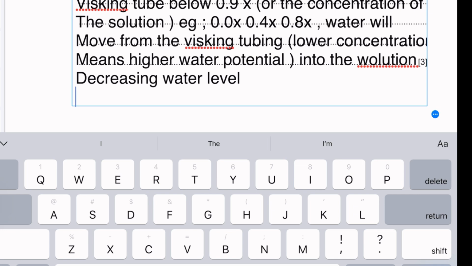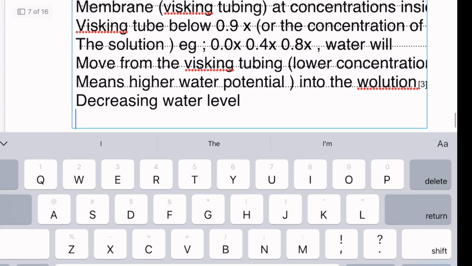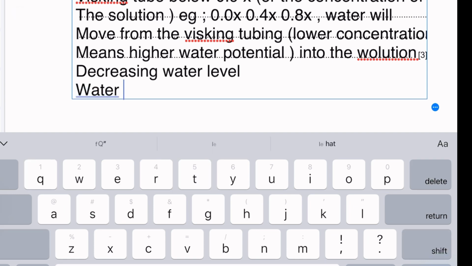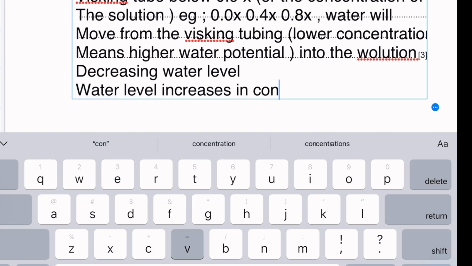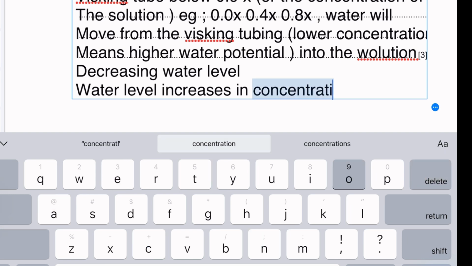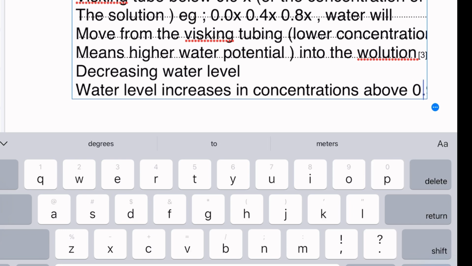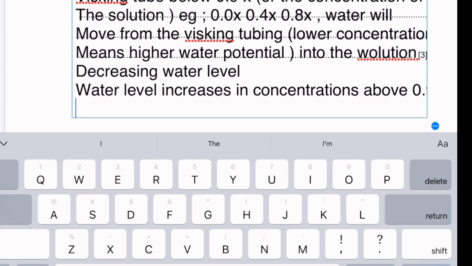And then the opposite will happen. Water level increases in concentrations above 0.9 X for unit. Okay, you don't write X, I just mean X as this means mole per decimeter cubed, because I can't really write it down here.